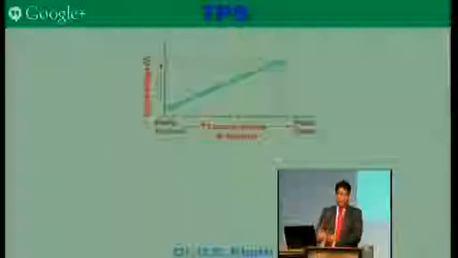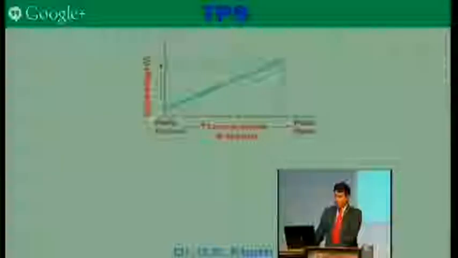Next, when I press the accelerator pedal to full throttle, the position is represented by the fully open position, right? And any in-between position will be represented by the relative position of the throttle valve.